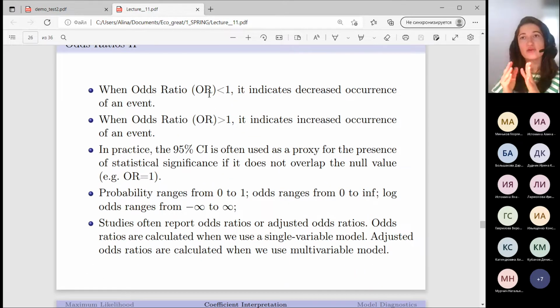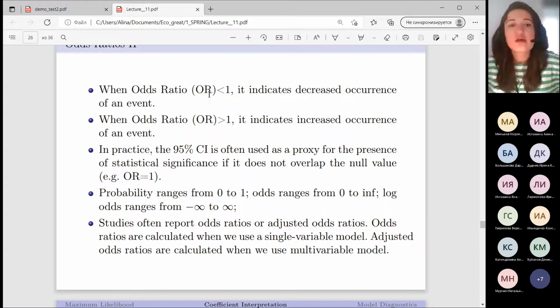So if you obtain an odds ratio less than 1, it indicates decreased occurrence of an event. So it means a negative effect, let's say, in general terms.